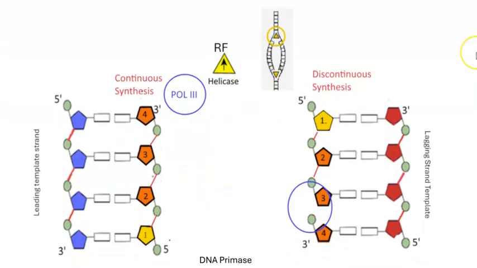So let's recap. We are operating at the replication fork in a replication bubble. The helicase enzyme has broken the complementary base pairing between the leading template and the lagging template, and the nucleotides are beginning to complementary base pair onto both the leading template and the lagging template as shown in the diagram.